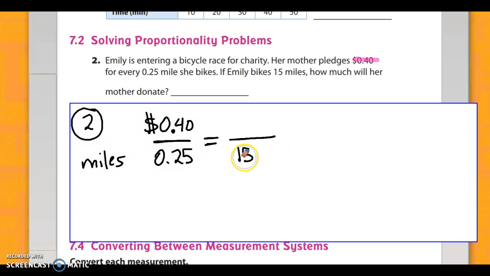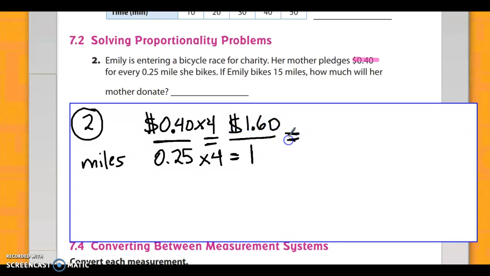So watch what I'm going to do instead. I'm going to notice that 25/100ths of a mile, if I simply multiplied it by 4, would be how much? Would be 1. 25/100, it's like 25 cents. What's 25 cents times 4? It's $1. So 25/100ths times 4 would be 1 mile. Does that make sense? I hope it does. If you multiply 25/100ths by 4, you have to multiply 40 cents by 4. 40 cents times 4 is $1.60.